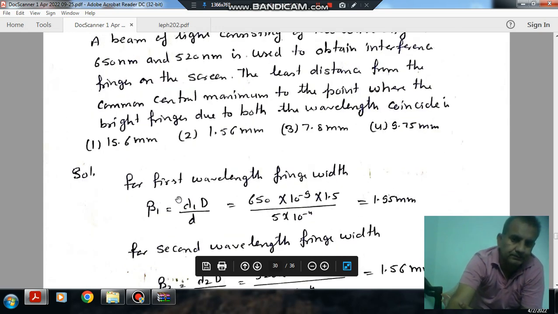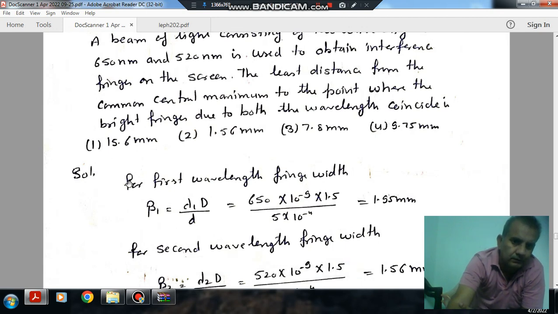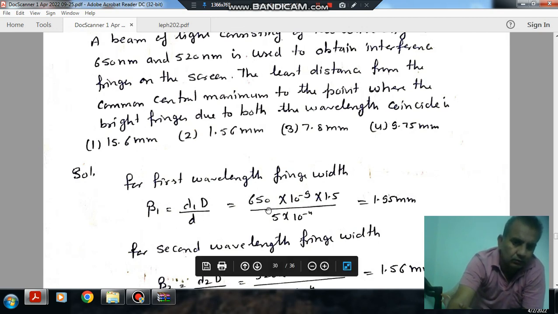For the first wavelength, 650 nanometer, the fringe width is lambda 1 D by d. Capital D is the distance between the screen and source, and small d is the separation between the two slits.